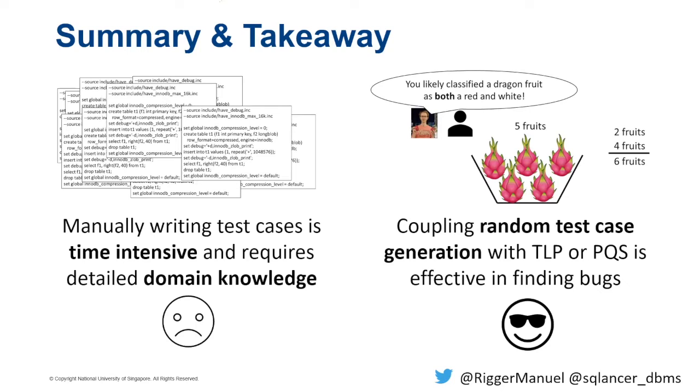The systems that we tested are also very mature. For example, SQLite has been developed for more than 20 years, and they have an extremely impressive testing process. They achieve 100% MC/DC coverage, which is a very strict coverage metric. So I'm really surprised that the bugs can still be found.